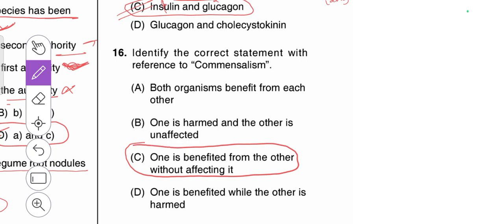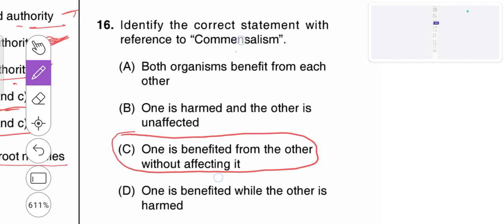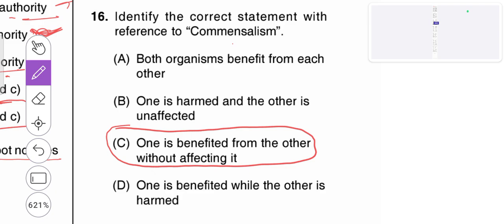So 16C is the right answer, where one is benefited from the other without harming it or without affecting it.